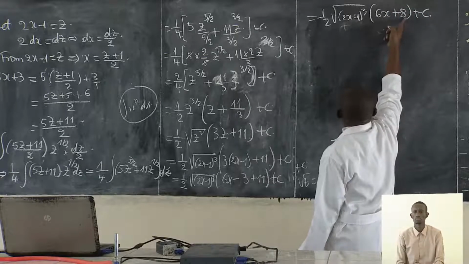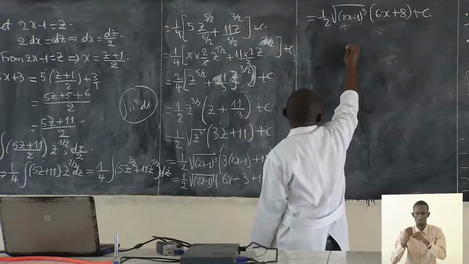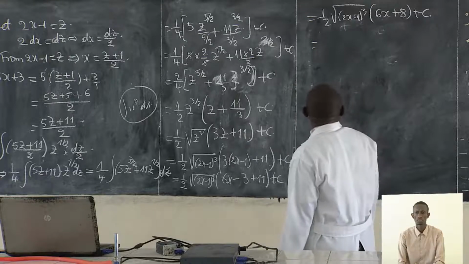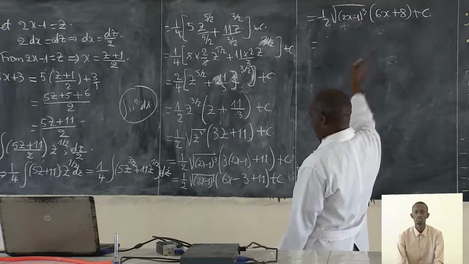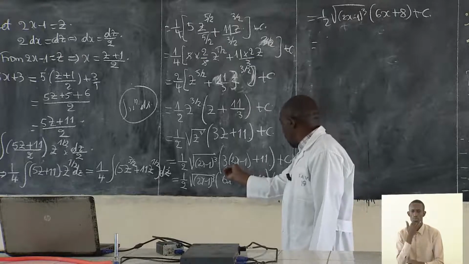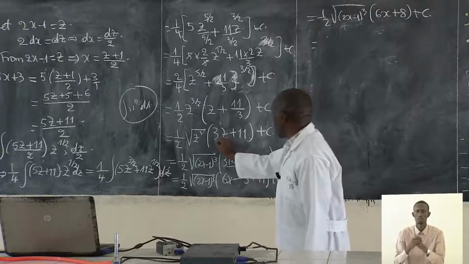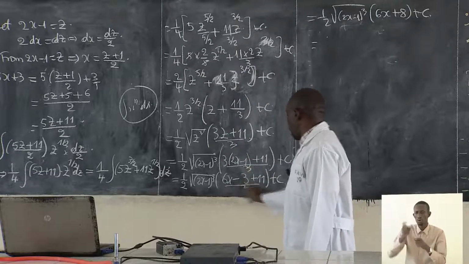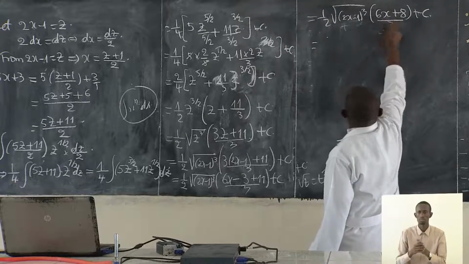I can factorize to get what? It will be square root of, there is a mistake here. When we divided by, the common denominator was a 3. Here it is a 3, which is forgotten. You add a 3, even here you add a 3, right? Okay. Divided by 3, yes.